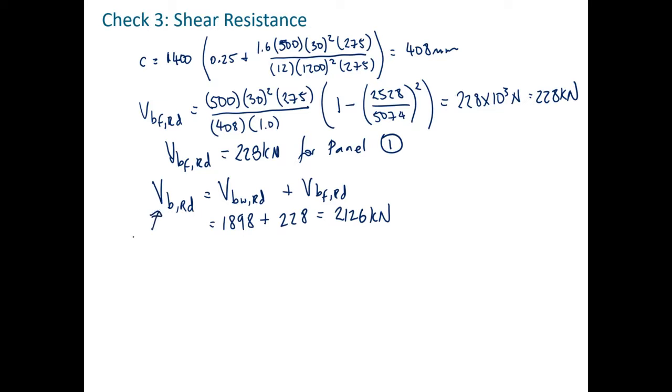Okay, so this is the shear buckling resistance of the section at panel 1. And that 2126 is greater than or equal to VEd for panel 1. Yeah, that's for panel 1. So therefore it's okay.